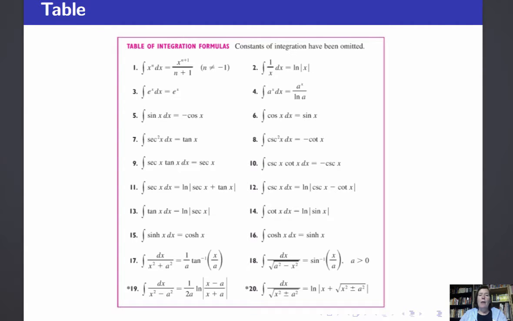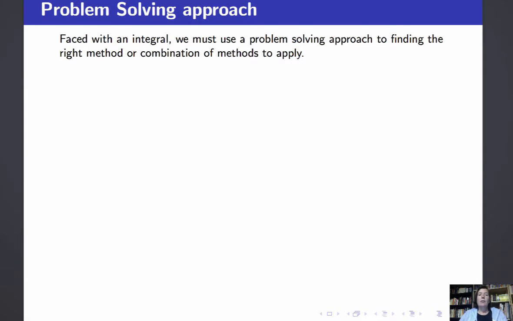You have the power rule, you have the integrals of the well-known functions, e to the x, 1 over x, all of the well-known trigonometric functions, and at the bottom of this table it shows some integrals derived from trigonometric substitution or integration by parts. Beyond that, you're going to have to solve the integral using some combination of the methods that you've already studied, or maybe just one method.